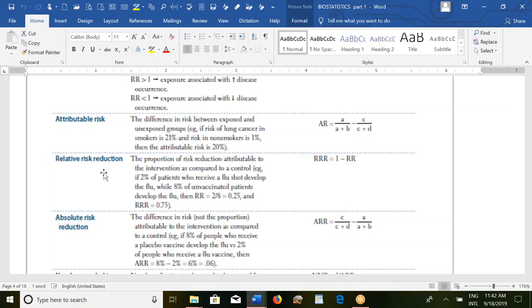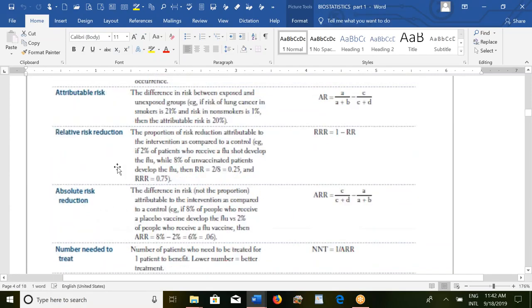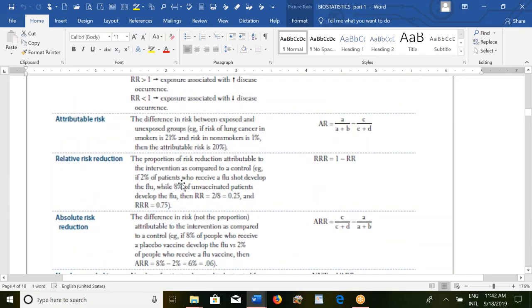Okay, so that's how you are going to interpret them. Like 2% who received vaccination developed flu, and 8% who didn't receive vaccination developed flu. So what is the relative risk?